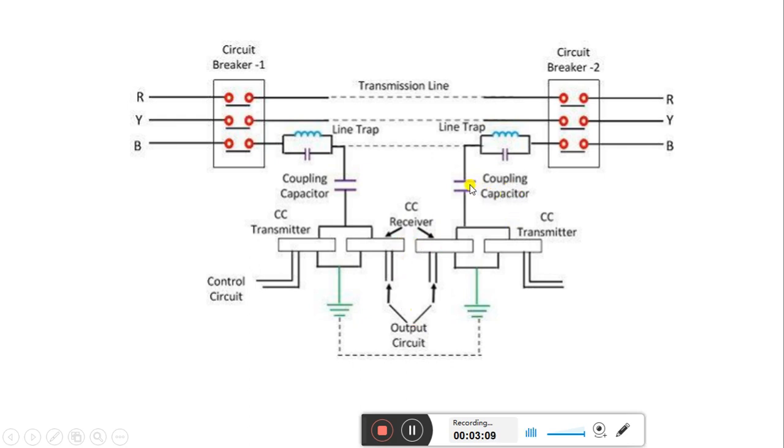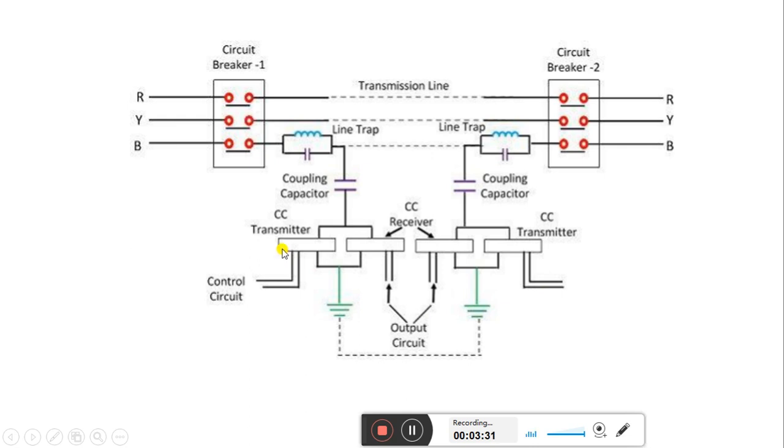Here also this is a coupling capacitor, and these are the line traps, and further these are the transmitters. So we see that at both ends there are transmitters, one transmitter here and the other transmitter here.